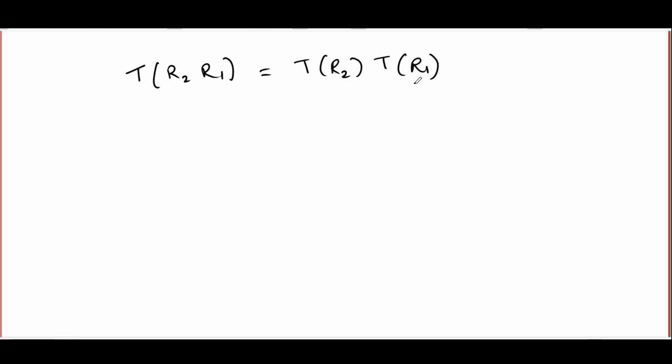Mathematically speaking, this has a special name. This is actually a group homomorphism between the group of rotations and the group of linear operators acting on the numbers which describe my physical object.